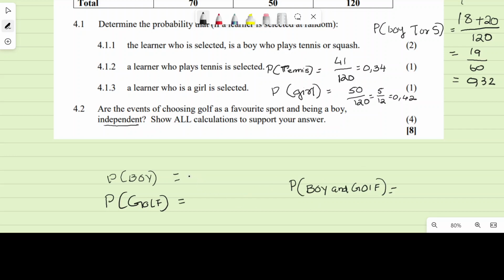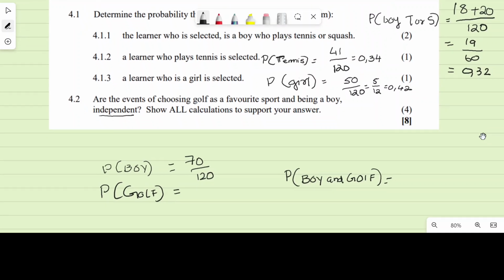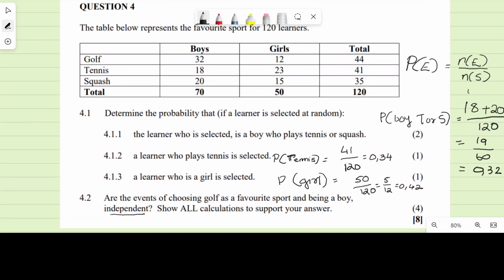What is the probability of being a boy? How many boys were there? There were 70 boys. So being a boy, the probability is 70 over 120. Playing golf, we must go and see how many learners play golf. There are 44. Now let's also find how many boys play golf.